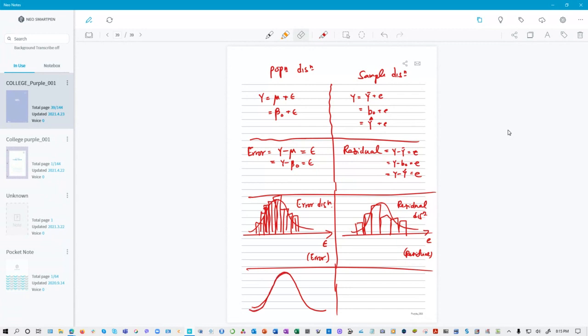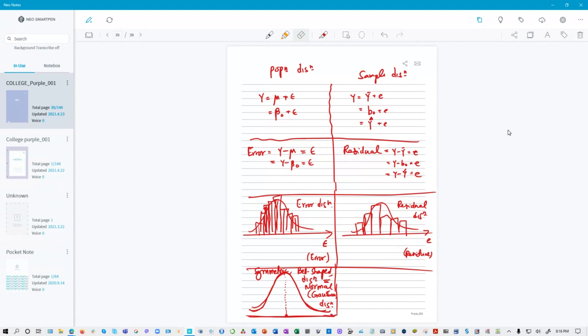Not only bell-shaped, but symmetric, bell-shaped distribution. It has a name, normal or Gaussian distribution. That's what they believe, with a certain mean.